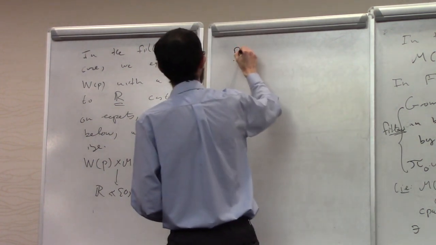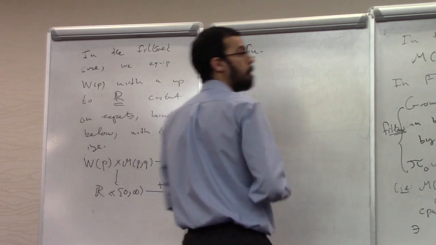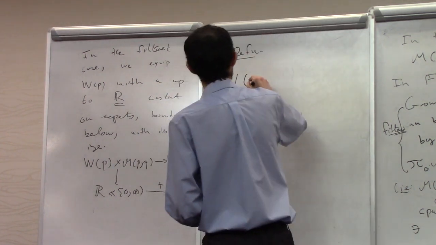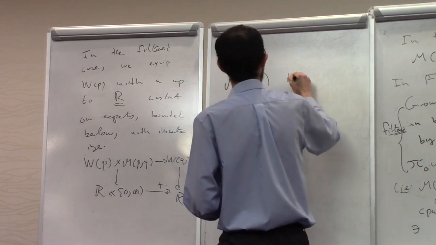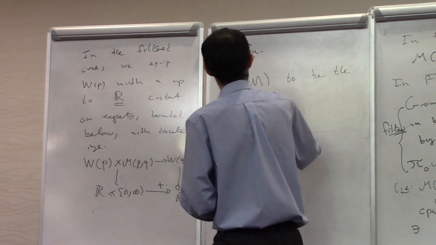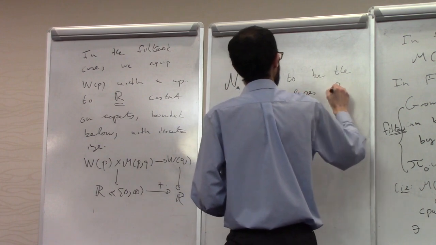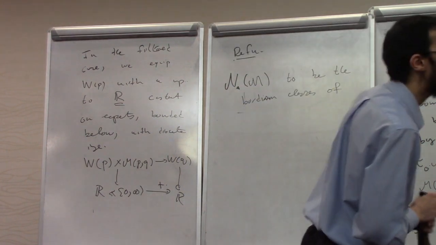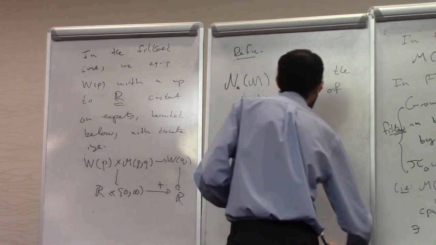And you define the bordism groups of M to be the bordism classes of elements of flow modules.